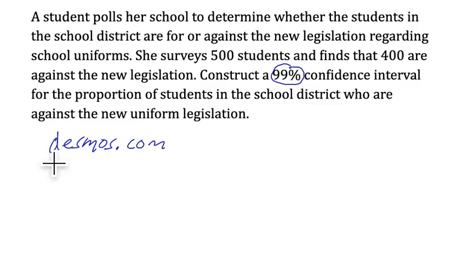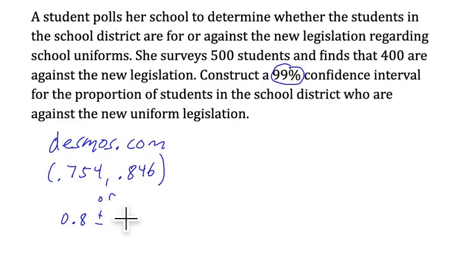So this point estimate of 0.8, well, that's 400 divided by 500. So using Desmos.com, we got a confidence interval of 0.754 to 0.846, or we could write that as 0.8, that was the point estimate, equal to 400 divided by 500, plus or minus the margin of error.